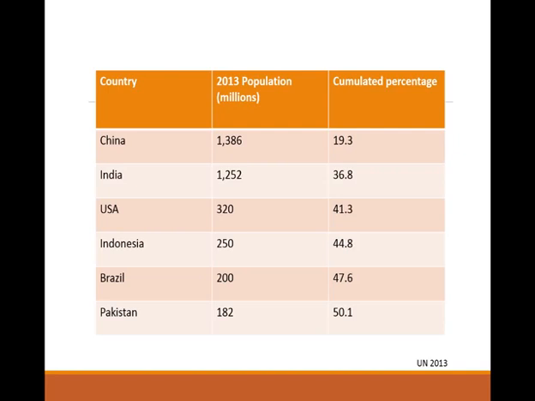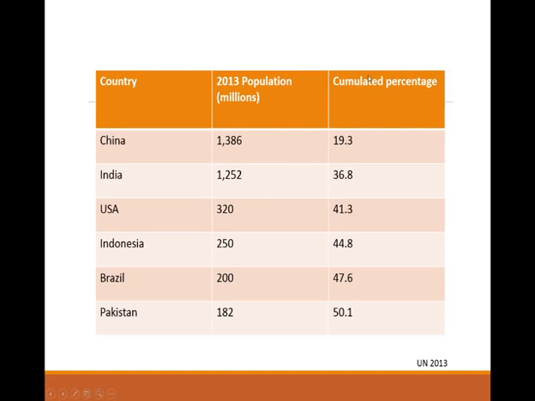Alright, so what this slide from the UN is indicating is the world's 6 most populous countries, and they account for half of the global population. What you can see here is China in 2013 had 1,386 million people, and then obviously going down.